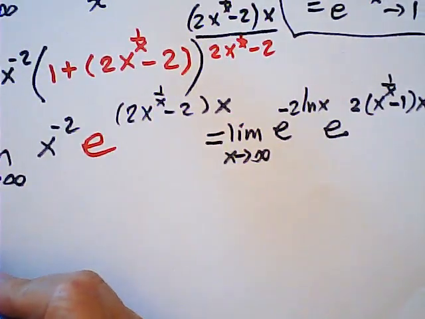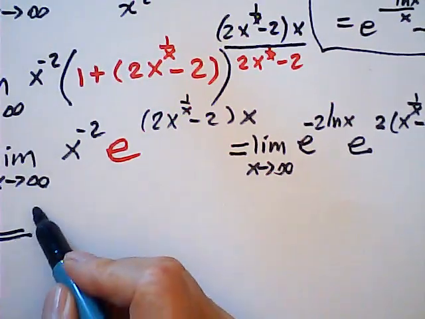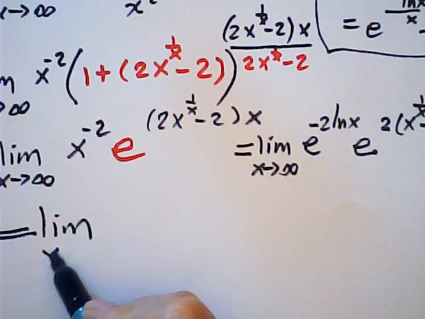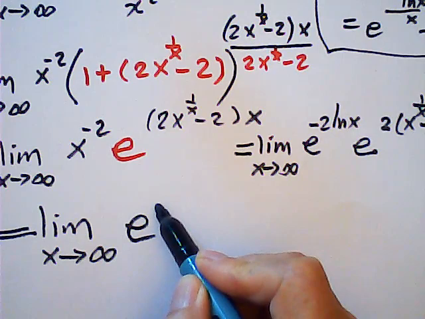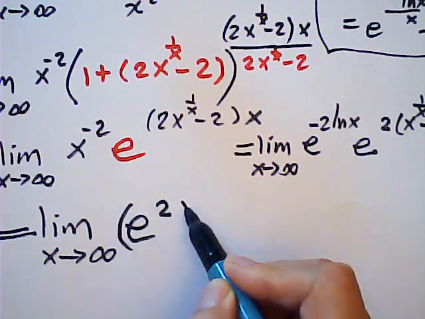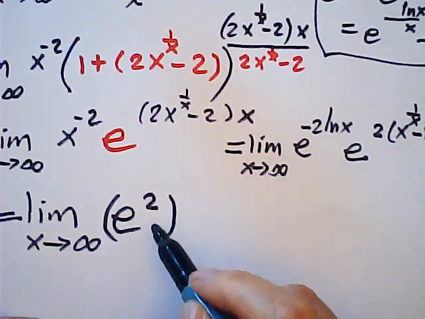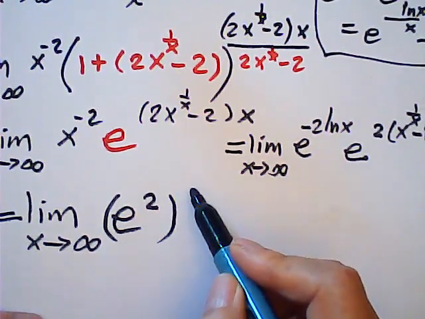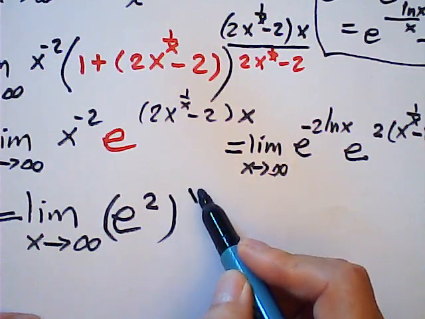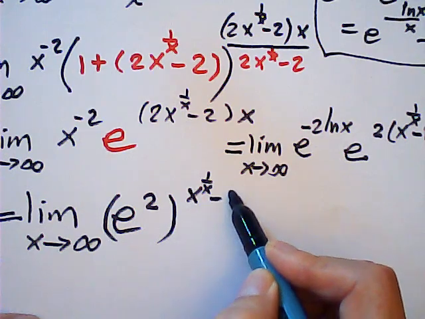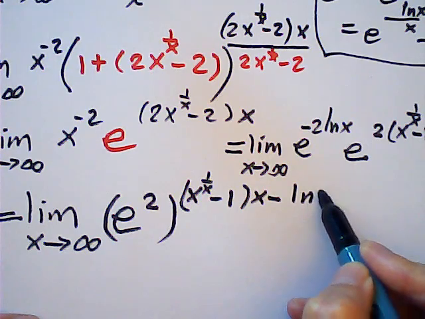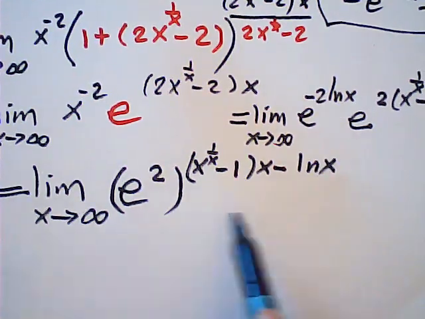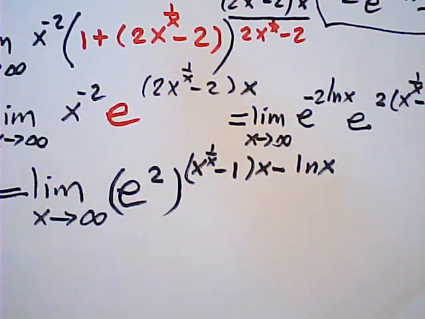So therefore our limit is the limit as x goes to infinity of e squared, the common factor, right, to the x over 1 over x minus 1 x minus log x. So that is a new integral. Well, no, sorry, a new limit.